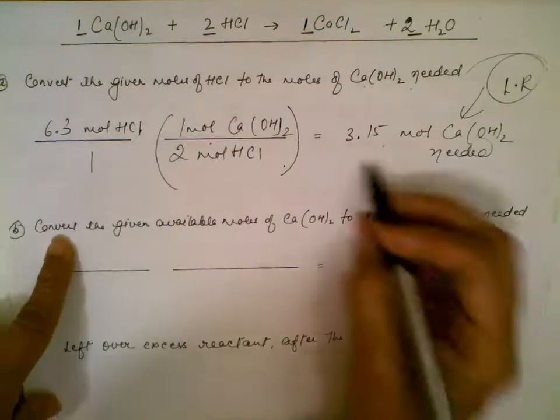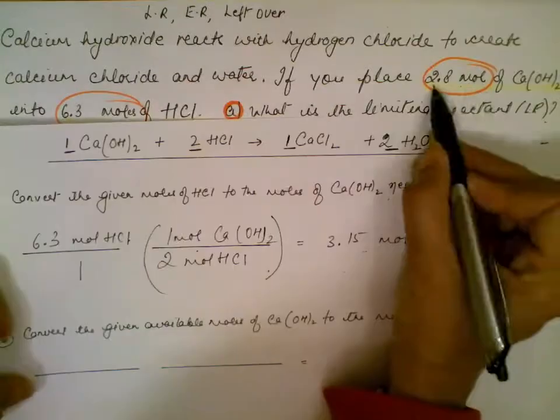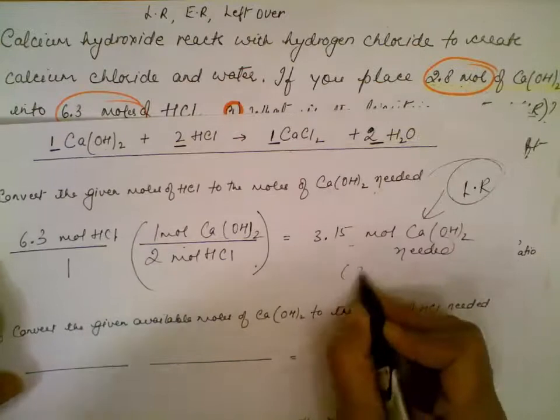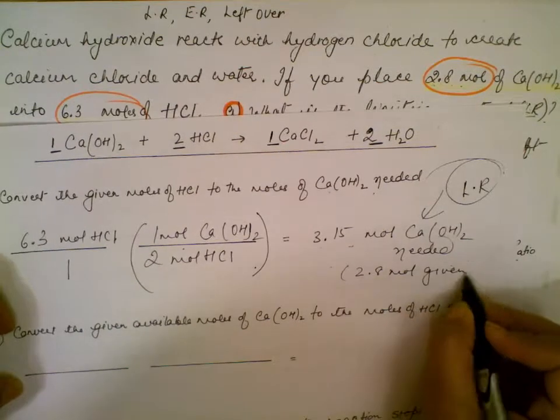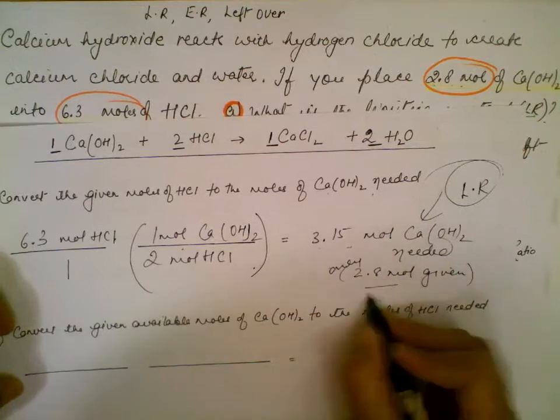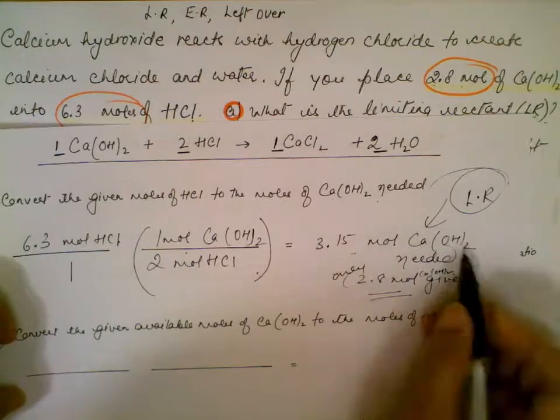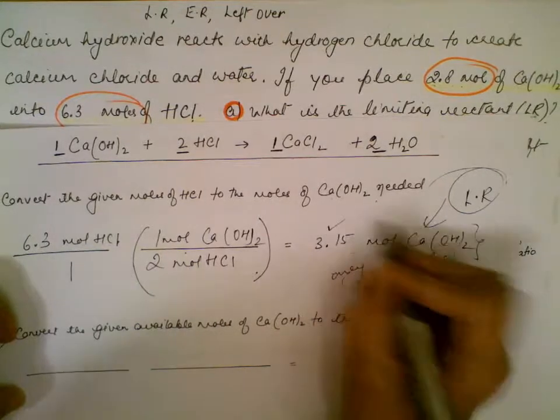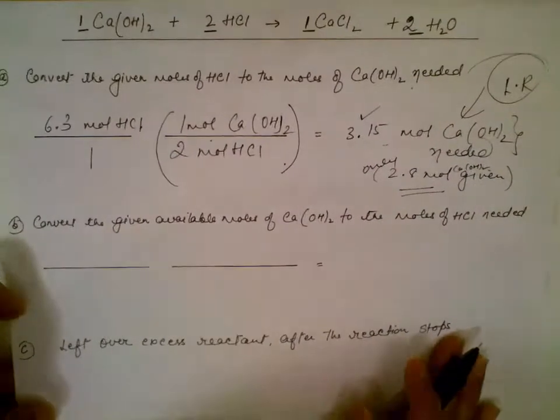Why is it the limiting reactant? Because we need 3.15, but in the problem you're given only 2.8. That's the available amount. Only 2.8 moles of calcium hydroxide is given. However, you need 3.15, which is more than what is available.